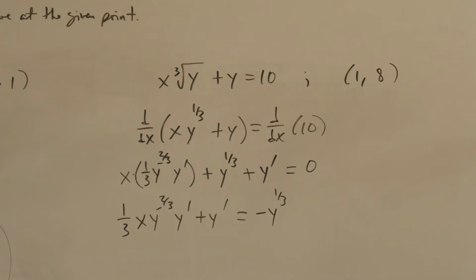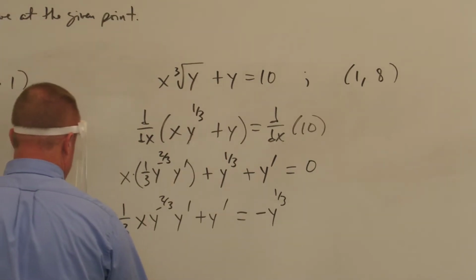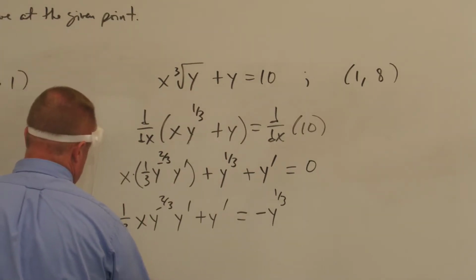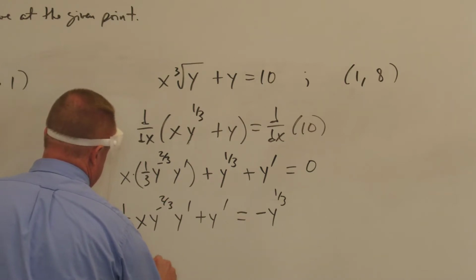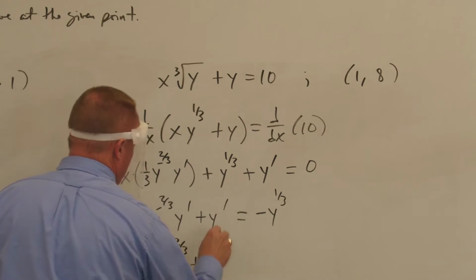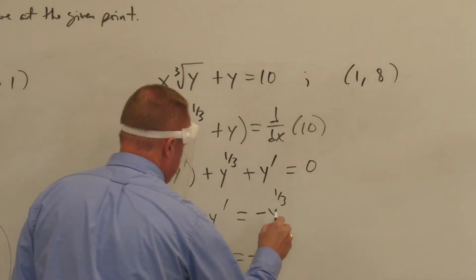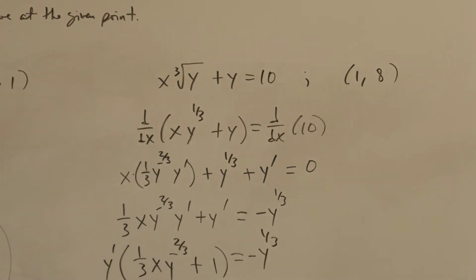Now how do I solve that for y prime now? Factor out the y prime. Okay. So if I factor out the y prime, I'll have 1/3 x y to the negative 2/3 plus 1 equals negative y to the 1/3. So I just factored the y prime out.